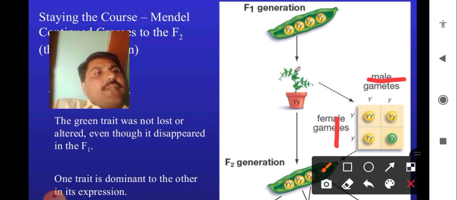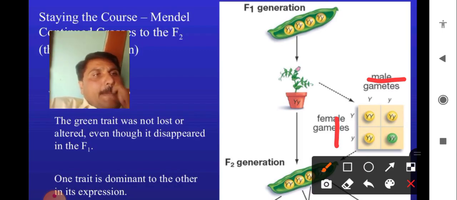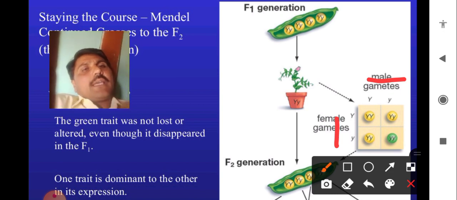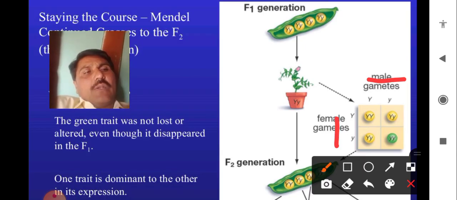In the F1 generation, the dominant Y for the yellow color was crossed with the male Y, and we got both genotypes where the genes are capital Y, but in color they are shown as yellow.